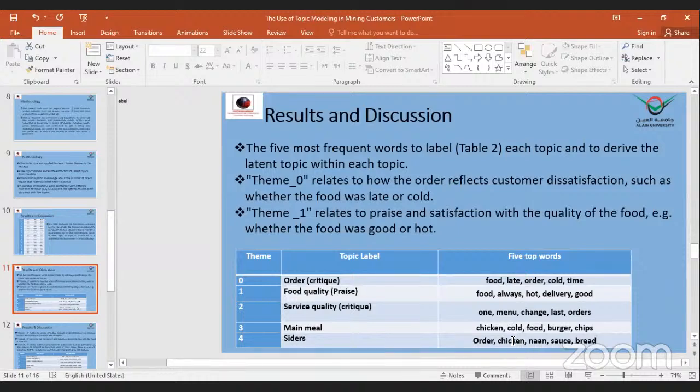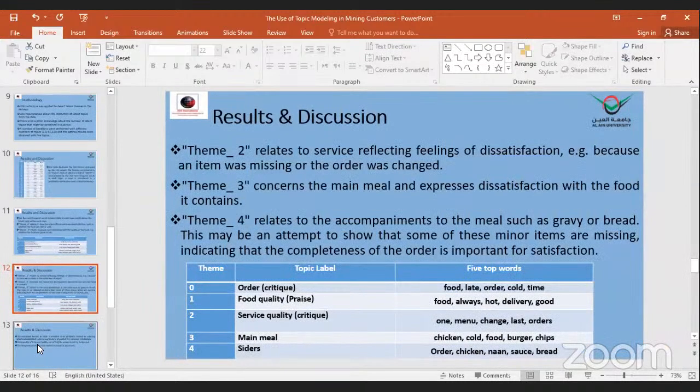So we try to name the topics based on what they mean. Maybe somebody else will have different naming. These are the 5 clusters that we got from the reviews, and we try to name them according to the quality of service or quality of food mentioned in the reviews.